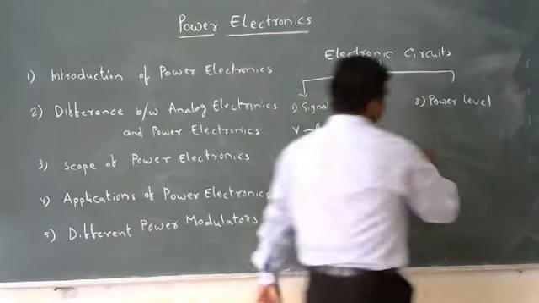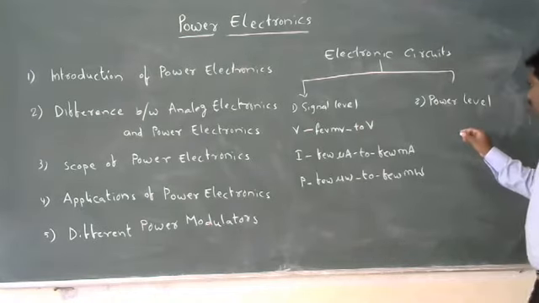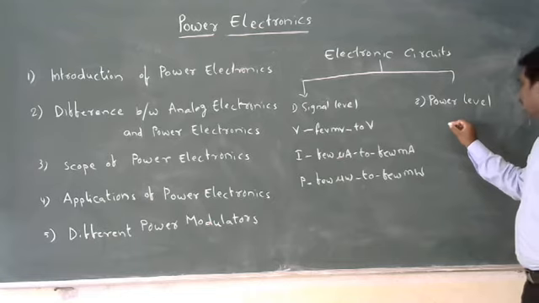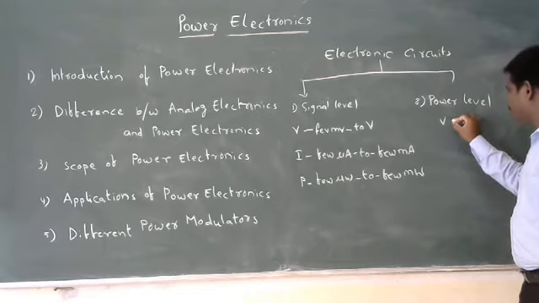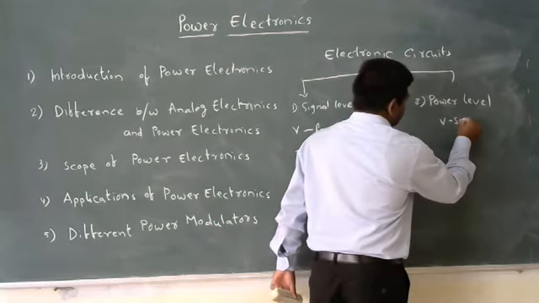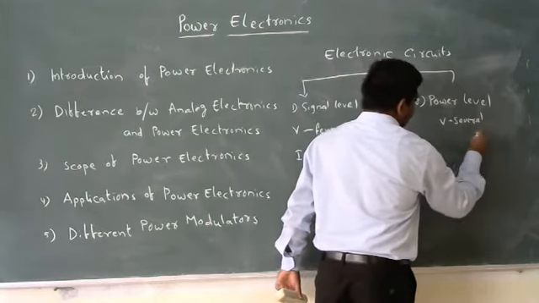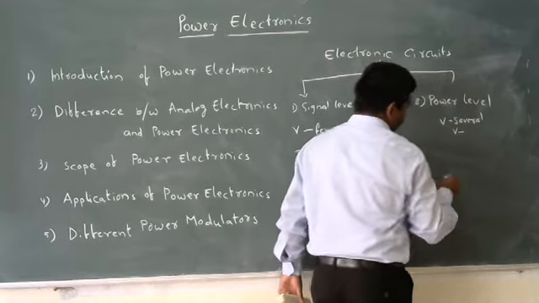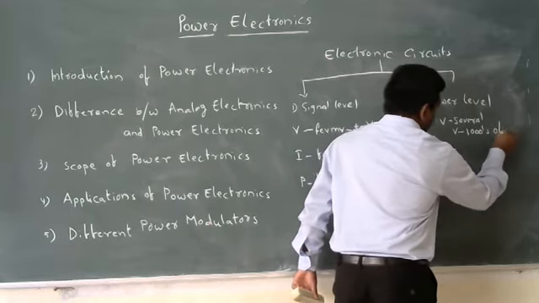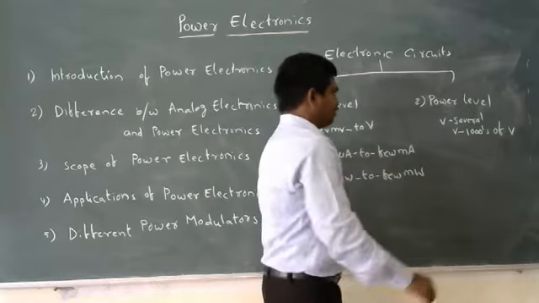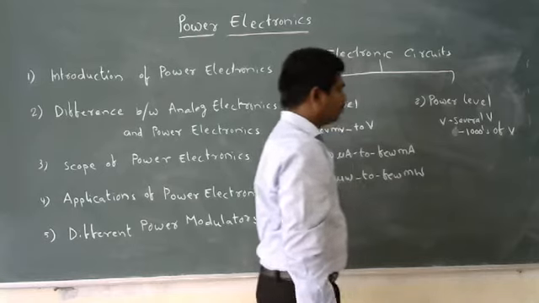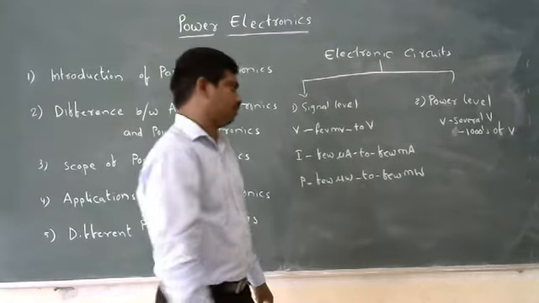When you see the power level electronic circuits, what we call the power electronic circuits, they are going to be handling voltage values from several volts to thousands of volts.